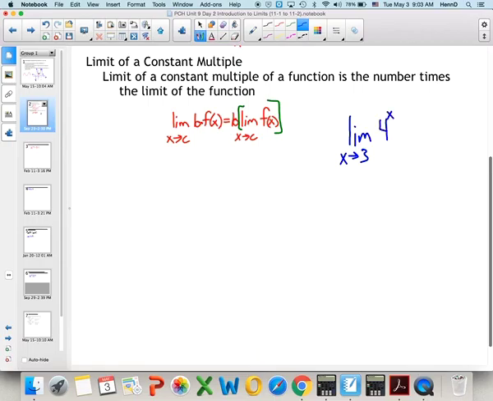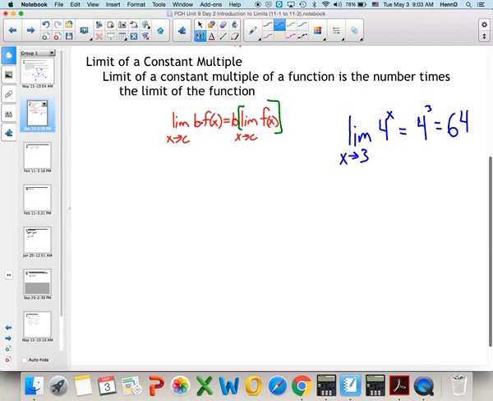There's my exponential function 4 to the x. The limit as x approaches 3. Well, I know that 4 to the x is an exponential function. Its domain is all real numbers, so it's continuous among all real numbers. Therefore, I can simply find the limit by doing 4 to the third power and getting 64.